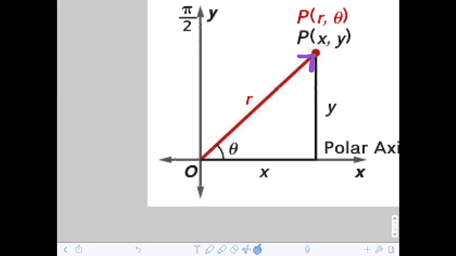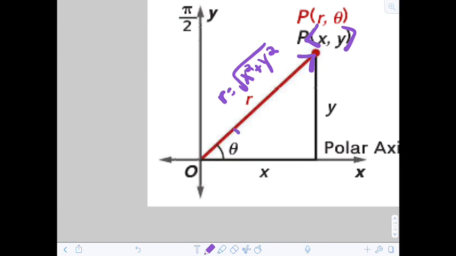We said that r was the square root of x squared plus y squared. If this was a vector in component form, and again, you don't have to write that down, I'm just trying to jog your memory from the vector chapter that we did. If that was in component form, finding the magnitude of that vector was taking the square root of x squared plus y squared.